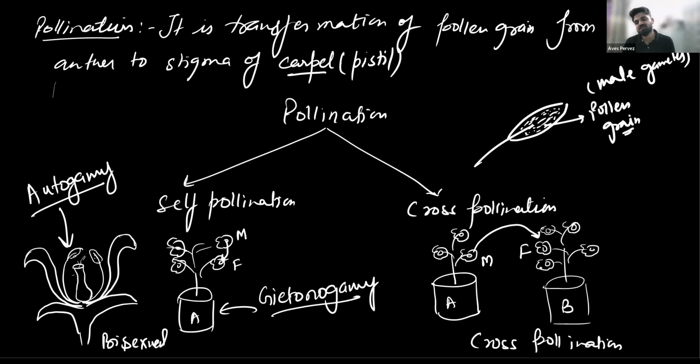Self-pollination is divided into two parts. One is autogamy, in which there is a bisexual flower.